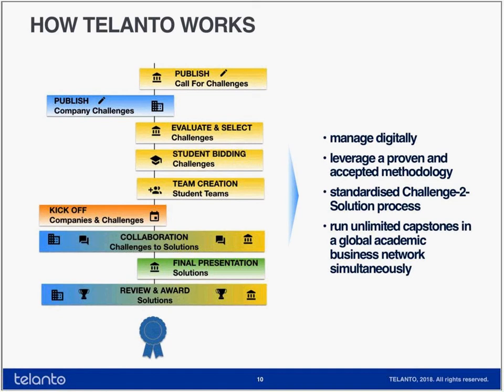In the case of accepted challenges, you bring those challenges in front of the students. Have them tell you which challenge they would like to work on, and incorporate those preferences into the final team creation, where you get proposals, but of course you as a professor remain in control of how the teams eventually look.